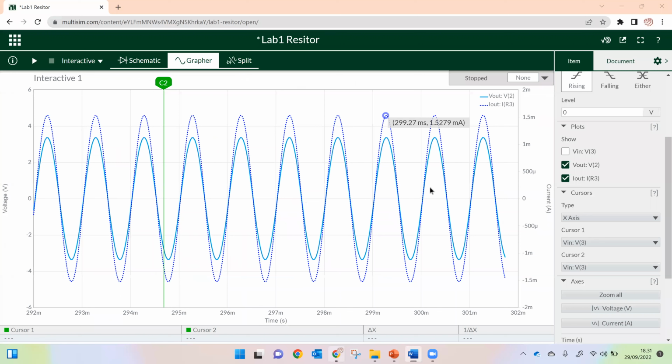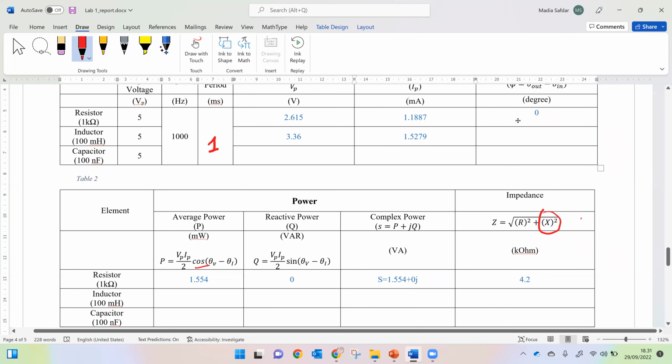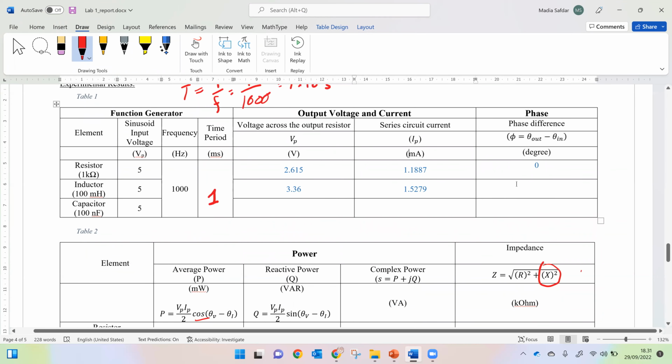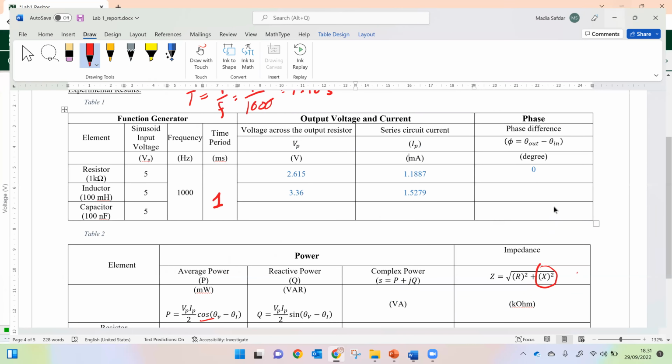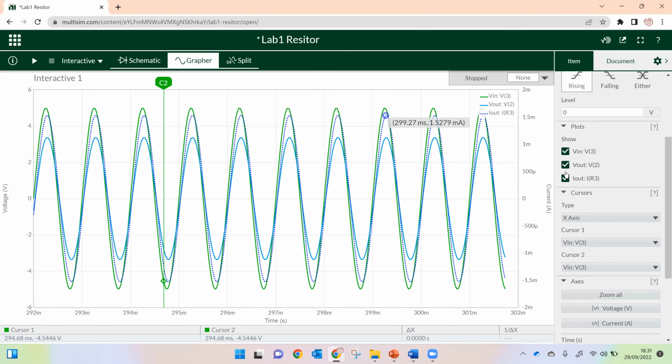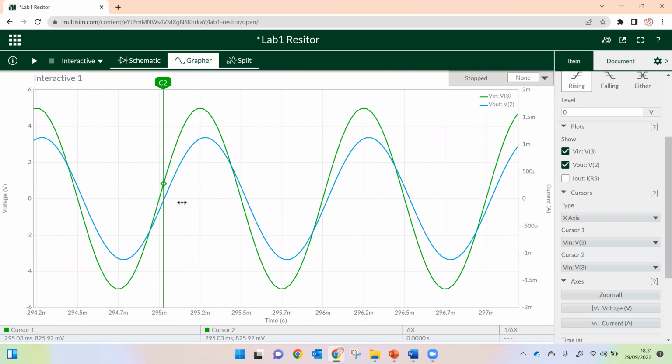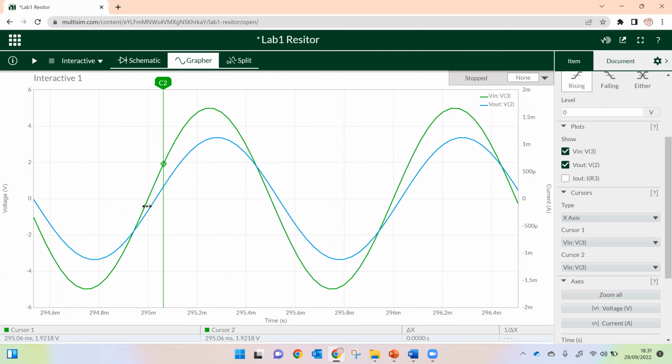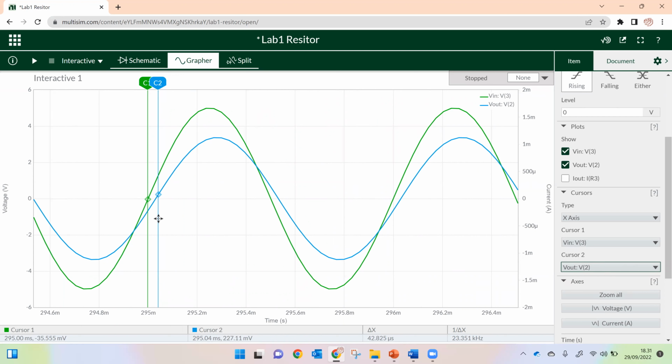So now, what is the third step? Third step is to get the phase angle. Okay, now uncheck current. Now zoom it, because zoom will be better. Okay, now one cursor at input, 0 crossing, and another cursor, choose V out. Okay, same 0 crossing, so it's here.